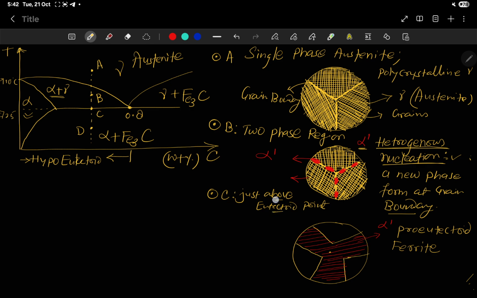That is why this is called pro-eutectoid ferrite in hypoeutectoid steel. Okay, so this is the microstructure present at point C. The remaining region will be the same as above. This will be gamma austenite.